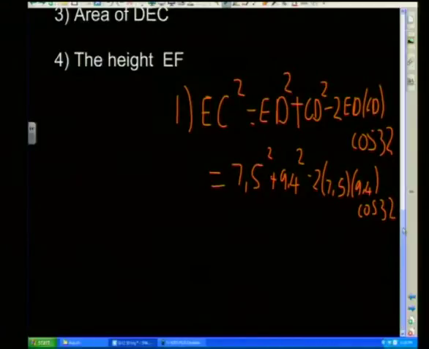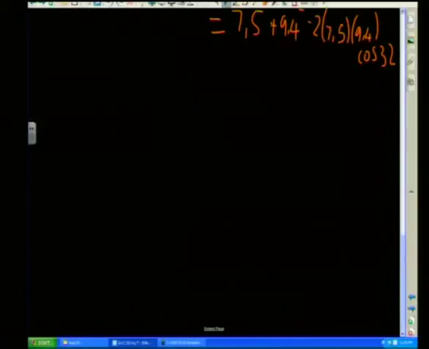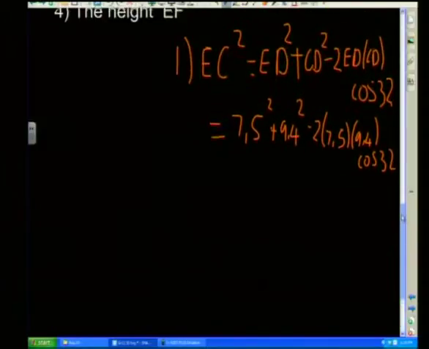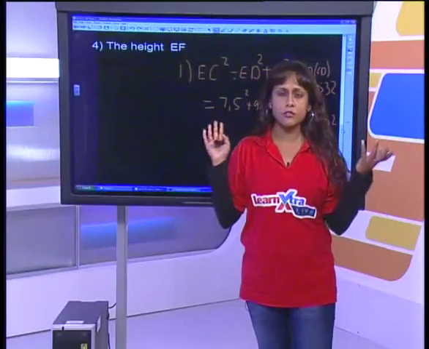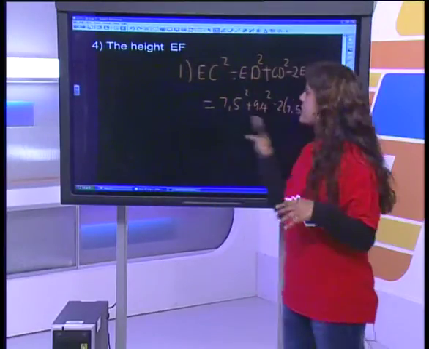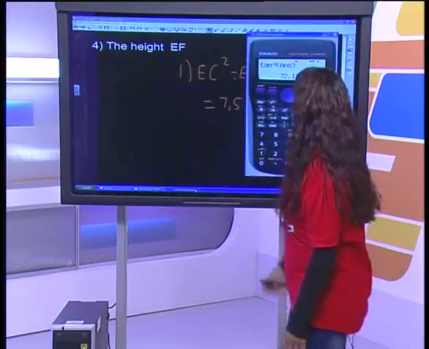Guys, all of this you should do on your calculator. There's no need to do little itsy bitsy pieces, first squaring the 7,5, then the 9,4. It's just going to take too many steps. Do everything in one step on your calculator.